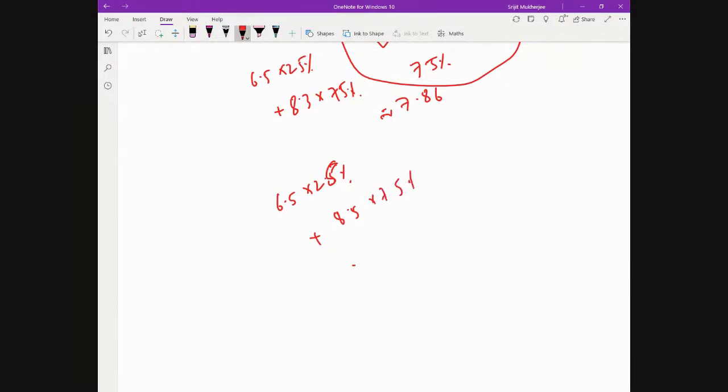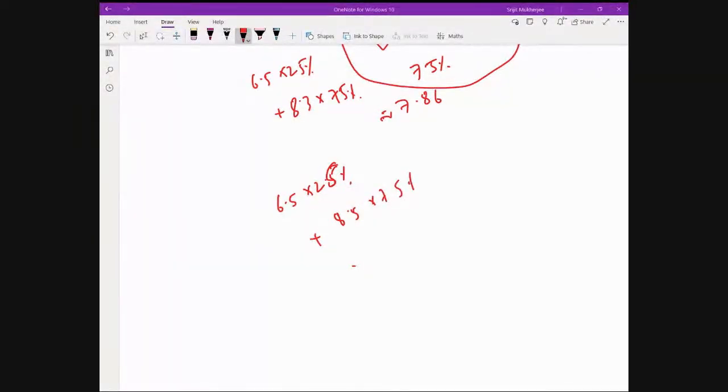If I calculate this now, it will come around 8.5, sorry. It will come around 8. I did some mistake in the previous calculation. Even if I take 8 and 9 in this case, it comes out to be 8.37. So around 8 is what the calculation is showing.